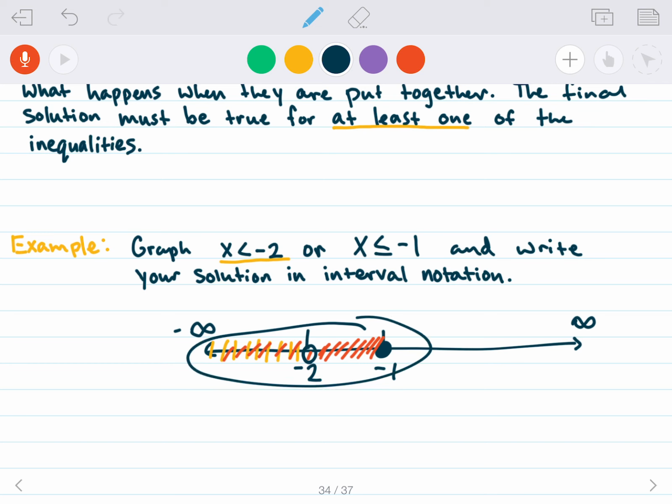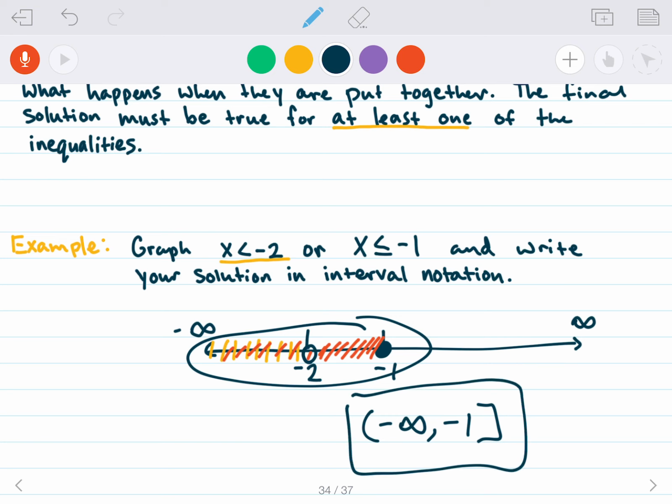So in interval notation, we're starting at negative infinity, not including it, of course, and we're going all the way up to negative 1, including negative 1. So all of that is going to be our solution, because x can be less than negative 2, or x can be less than or equal to negative 1.